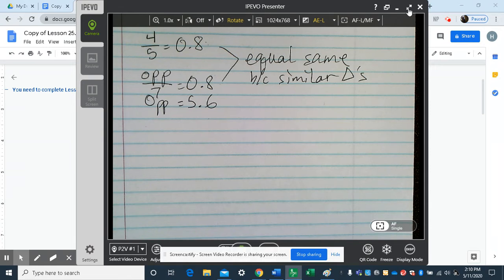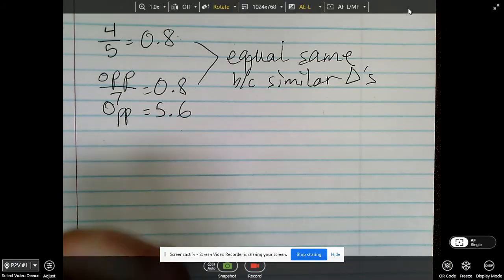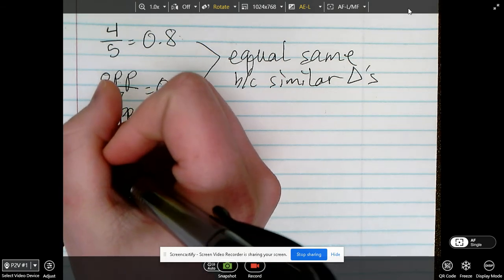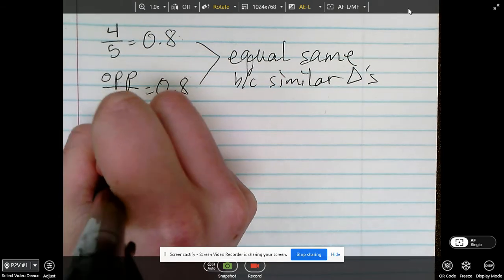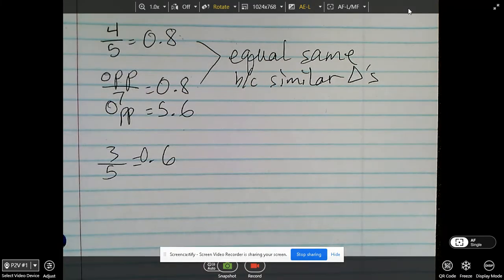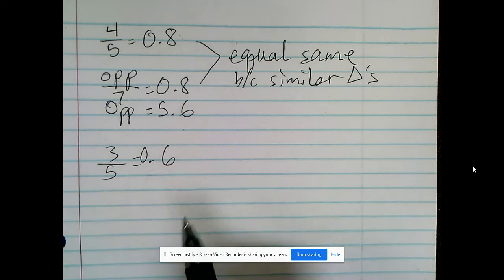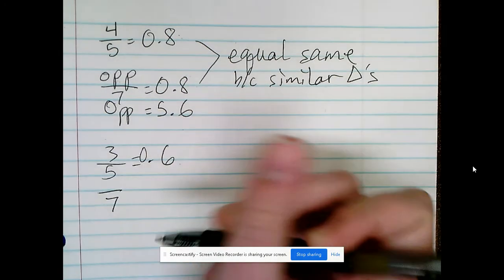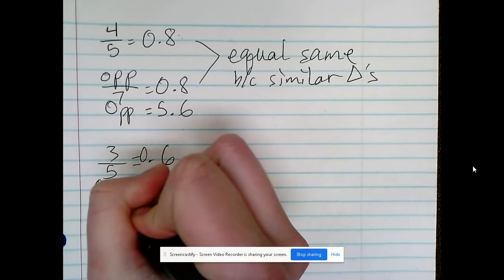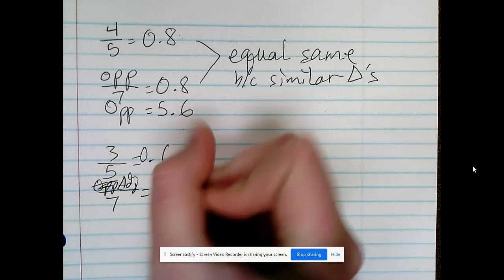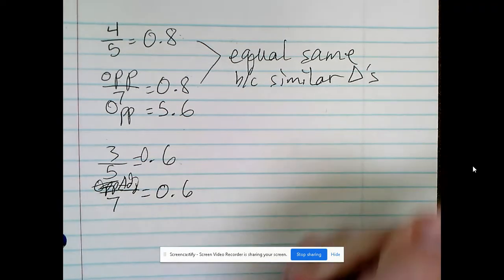So for adjacent, let's make sure I have this right. We're going to be using the 3 over 5 equals 0.6. So this is what we're going to make it equal. We know it's going to be something over 7 because we know that our hypotenuse is 7. Whoops, that should be adjacent. So it's going to be adjacent over 7 equals 0.6.